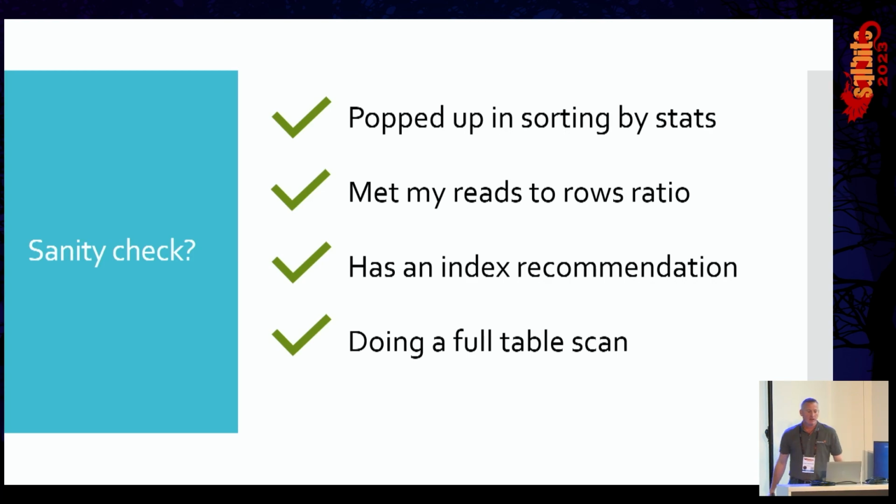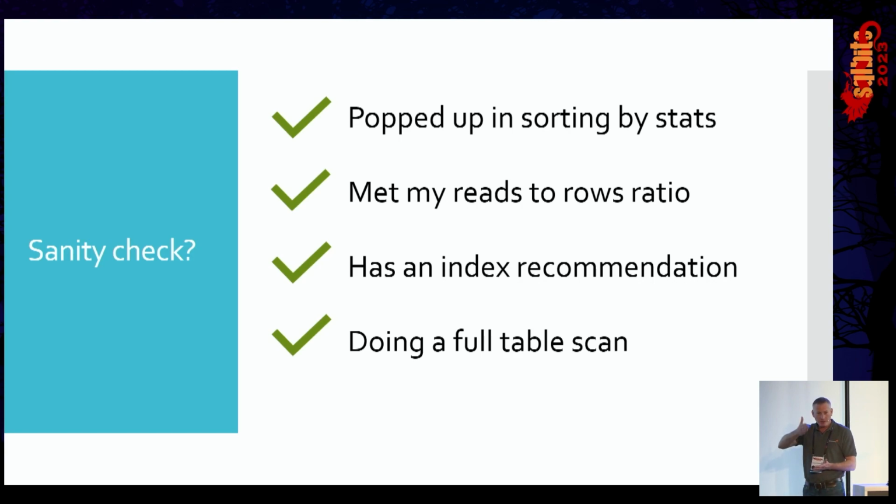Okay, so real quick, I'm going to pause there and do a sanity check, right? So, got some check marks here. This query popped up in my sorting algorithm, right? It got through the colander, the filter, if you will. Met my reads to rows ratio, right?